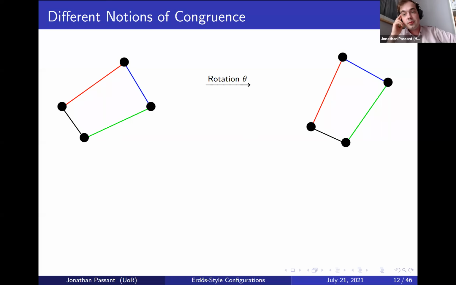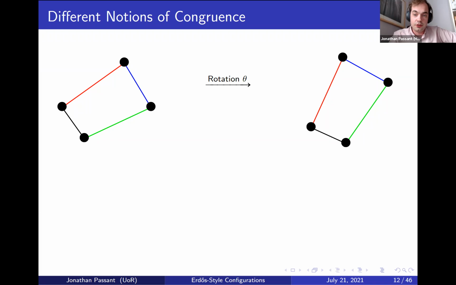When you talk about larger sets, you suddenly have two different notions of what it means to be congruent. The first notion says, I'll consider two 4-point sets congruent if there is a unique rigid motion that takes one on top of the other. Here we can just see that this is a rotation.